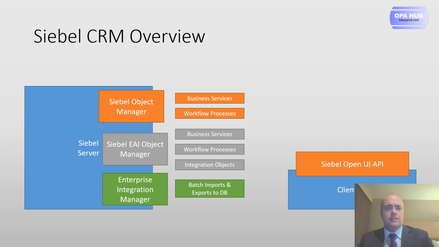The gray layer is typical business level integration. We use Siebel workflow processes, Siebel business services, integration objects, typically some kind of XML based stuff going on. In the user interface layer, we may also integrate. We might have done it in the past with eScript or JavaScript. Now we're probably going to do it in the Siebel OpenUI API.